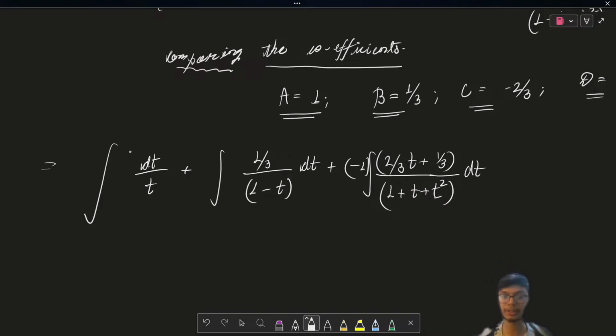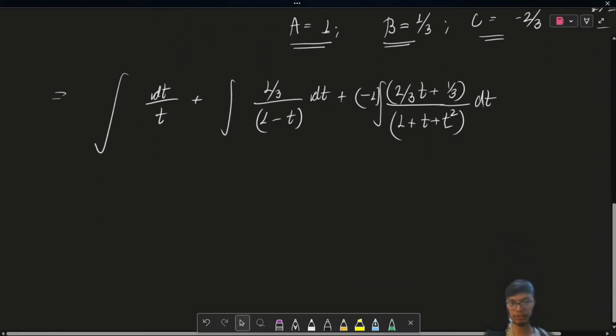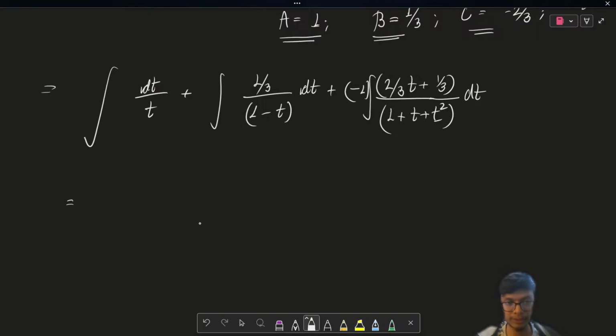So this is now the new integration, and the solution is very simple. The integration is going to be natural log of mod of t plus 1 upon 3 natural log of 1 minus t, and then a minus 1 will come out, so this becomes minus.